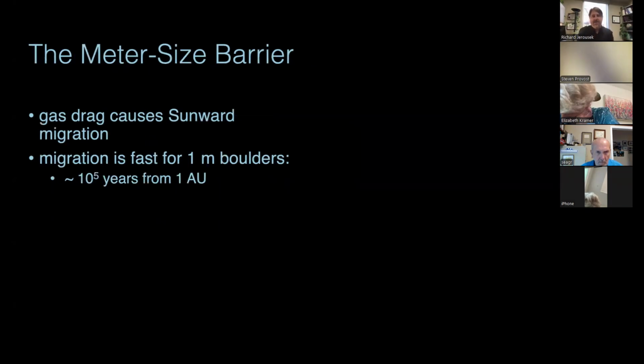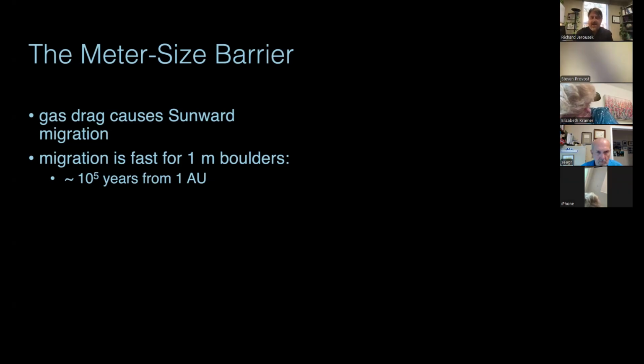So this brings us to our first fundamental problem in understanding how the planets form, which is called the meter size barrier. Gas drag causes everything to migrate towards the sun, to spiral inward. And the migration is fastest for objects that experience the most gas drag based on their mass, which is about 1 meter sized boulders.